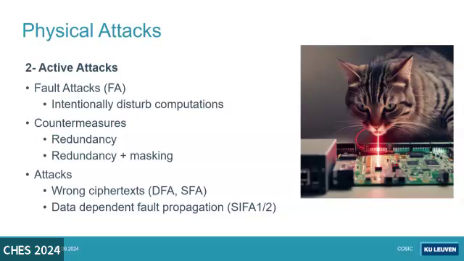These are effective against the attacks that exploit wrong ciphertext, because in a simple way we check the output correctness, and if the output is wrong, then we detect the fault. But with data-dependent fault propagation, the fault is sometimes not propagated to the output, so there's no way we can detect it by checking the output correctness. So we need some new methods to protect against this kind of fault.